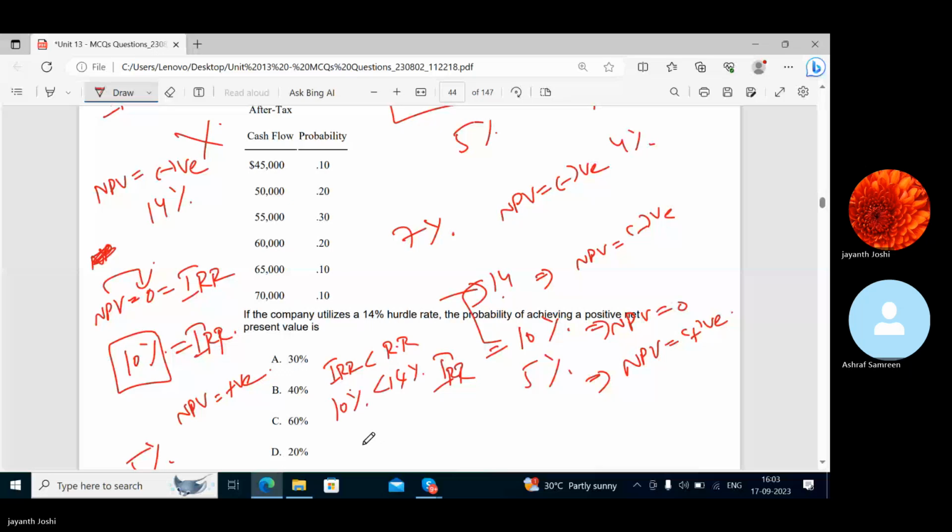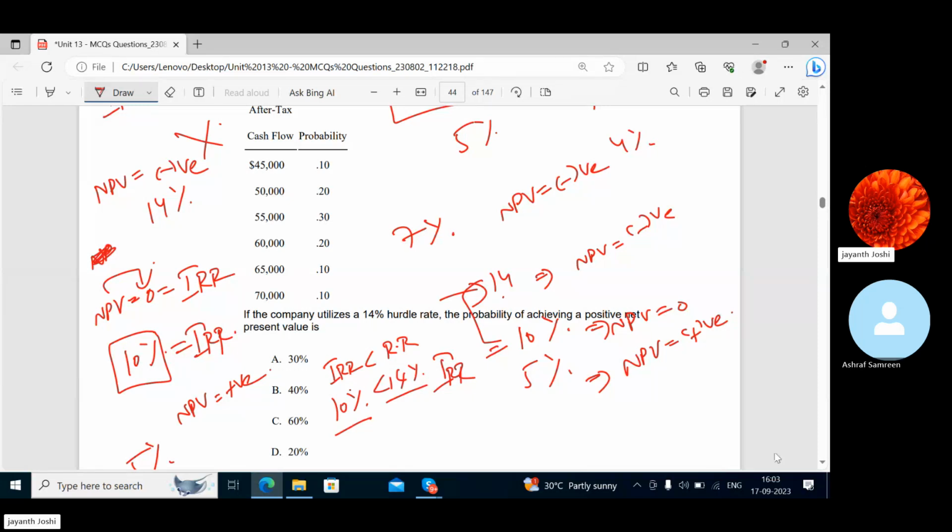No. Why? At this rate, at least you are able to break even, right? This is the one at which you are getting negative, right? At 10% it is 0. So will you accept? IRR is 10%.